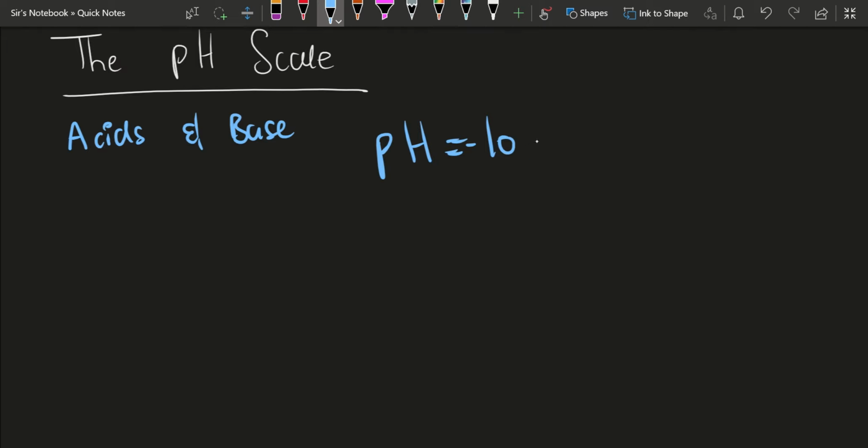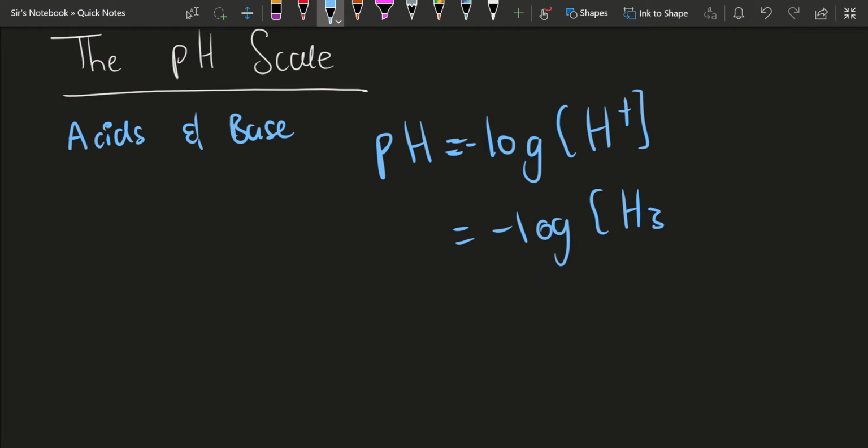We say it's the negative logarithm of the H plus ion, or you could write it as negative log of the hydronium ion. Do not write this down. It is not important at this moment in this grade. That's what we talk about when we talk about pH, not the scale, but the pH.